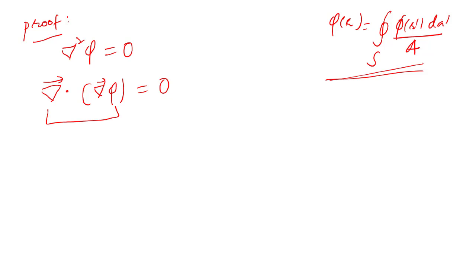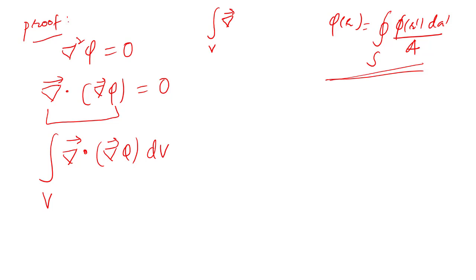Now let's integrate this over a volume V, del dot grad phi over a volume V. I can convert this using the fundamental definition of divergence: the integral of the divergence of a function j over a volume V is equal to the surface integral of j dot dA.